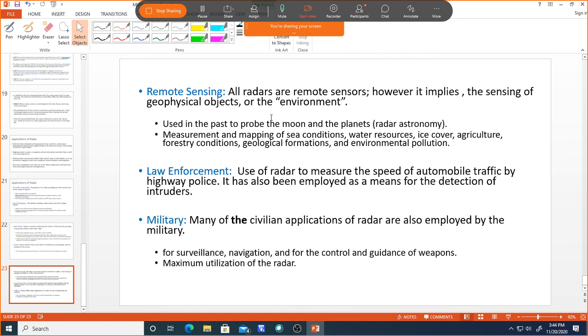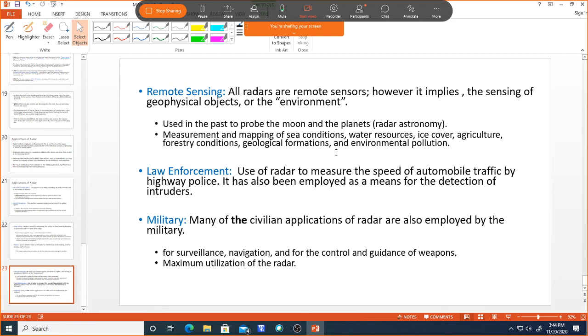So that is useful in remote sensing and weather control. In remote sensing we can also use radars in agricultural fields, forestry conditions and geographical information, and in detecting environmental pollution.